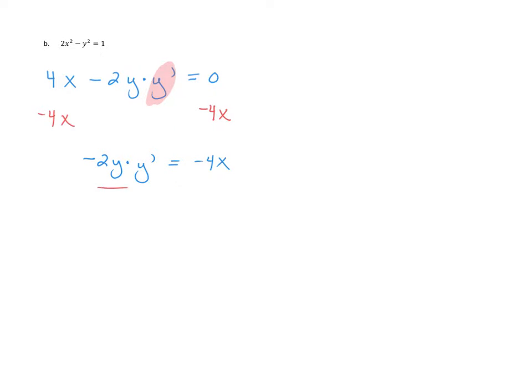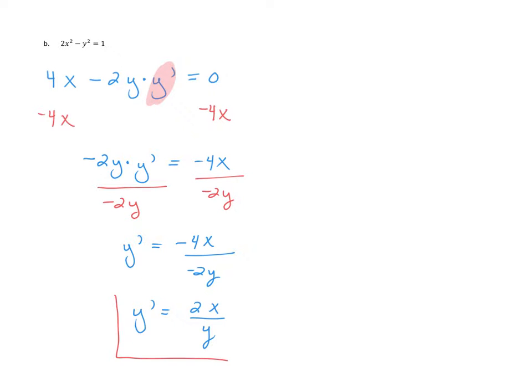I will divide both sides by negative 2y. And we get that y prime is equal to negative 4x over negative 2y. Of course, we can reduce this a little bit. This is going to be 2x over y. And that is the final answer.